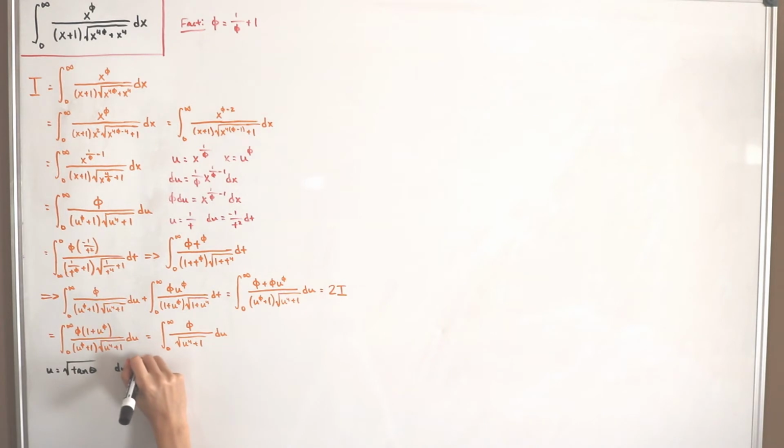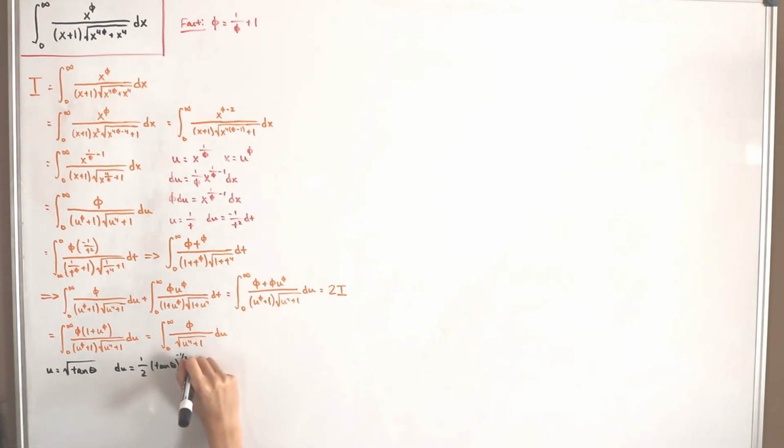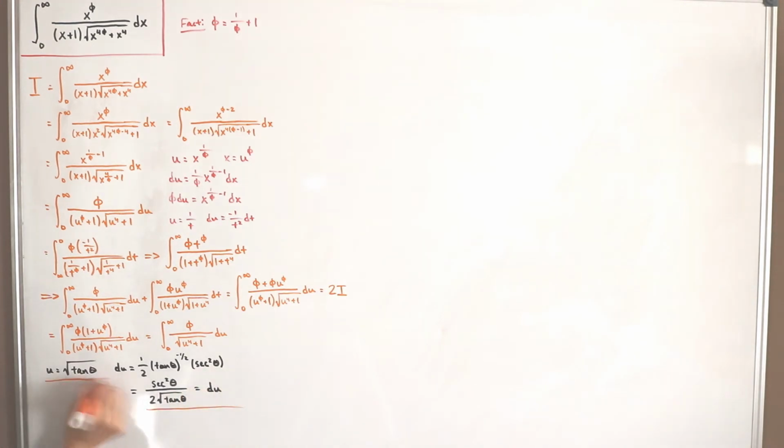When we differentiate this, I get 1/2 multiplied by tangent theta to the power negative 1/2, and then multiplied by the derivative of tangent theta, which is secant squared theta. Simplifying, we get that this is just secant squared theta divided by 2 times the square root of tangent theta. Just underline what we have.